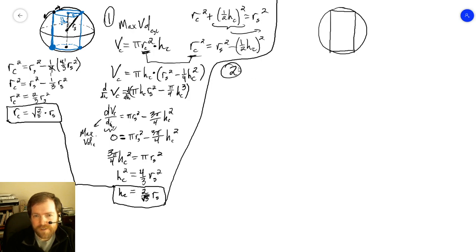Alright, second one, just like the previous one, this is going to be the maximum lateral area. So the lateral area of the cylinder is going to be 2 pi r cylinder times the height of the cylinder.